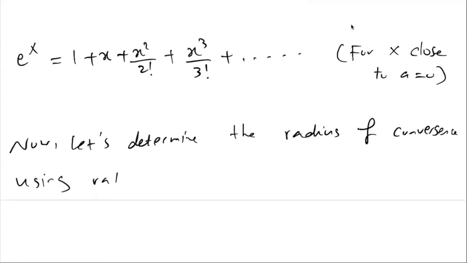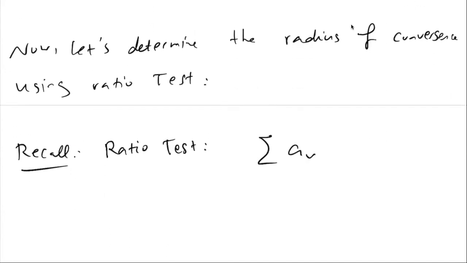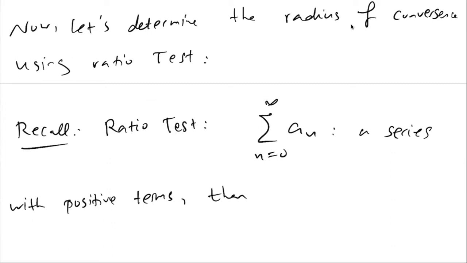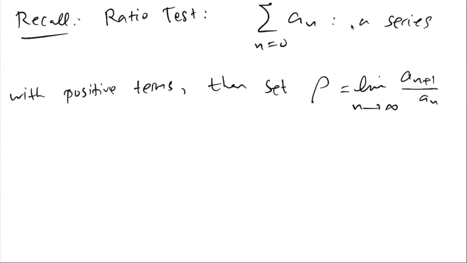using the ratio test. Now, what was the ratio test telling us? If you remember, recall, the ratio test tells that if you have, let's say, sigma a_n from 0 to infinity, a series with positive terms, then if we set rho as the limit of a_(n+1) over a_n as n goes to infinity, then if rho is less than 1, the series will be convergent.